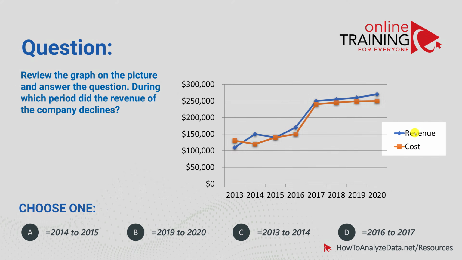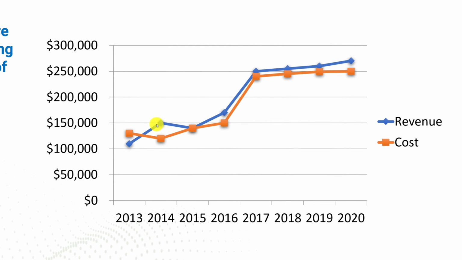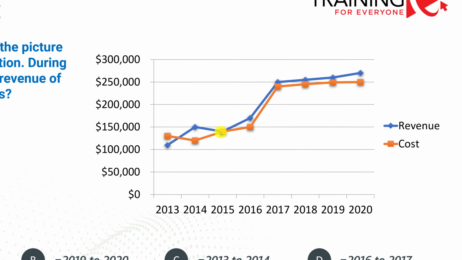To answer this question correctly, you need to differentiate between revenue and the cost. Because revenue is represented by blue line, you have to follow the blue line to answer the question in which period revenue declines. If you follow the line, you see that for all the years, with the exception of period of 2014 to 2015, right here, the line goes up. And only for the period 2014 to 2015, revenue declines.